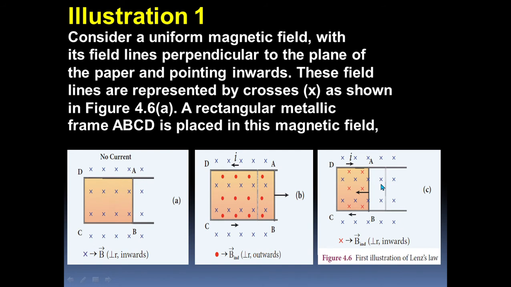When we move it towards the left, a minimum amount of magnetic field passes through the frame. So the magnetic field lines change due to the moving of the slide, and whenever there is any change in magnetic field lines, current is automatically produced.